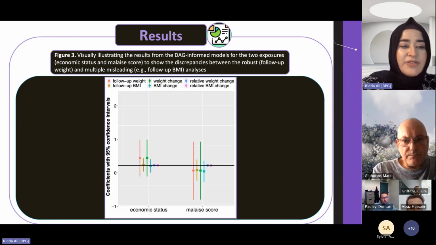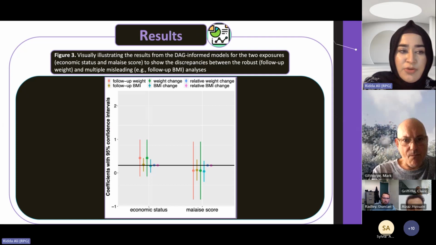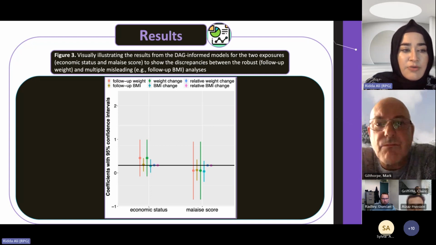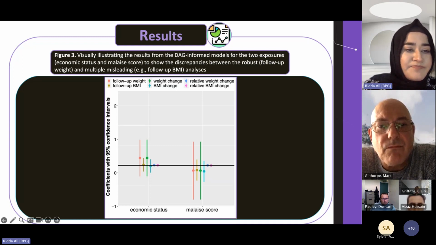Figure 3 here visually illustrates the results from the DAG-informed models for the two exposures, economic status and Malaise score, to show the differences between the robust outcome, which is the first one, follow-up weight, and all the other outcomes, such as follow-up BMI.